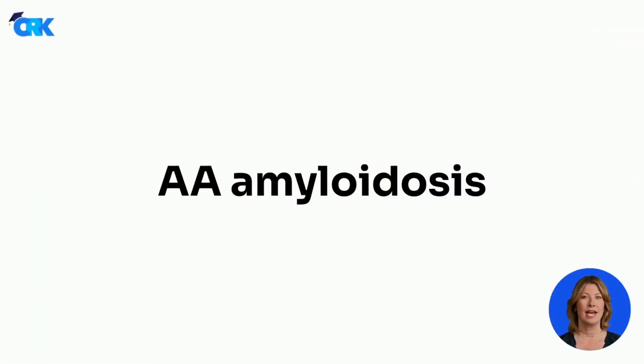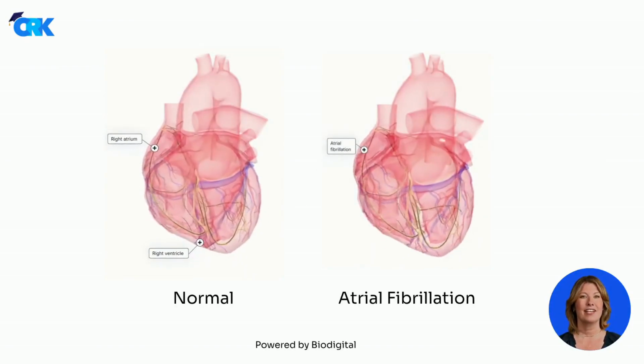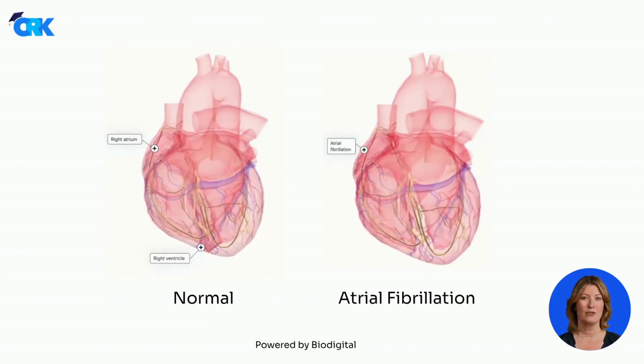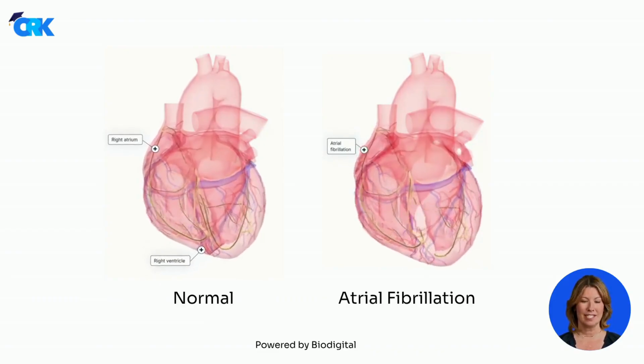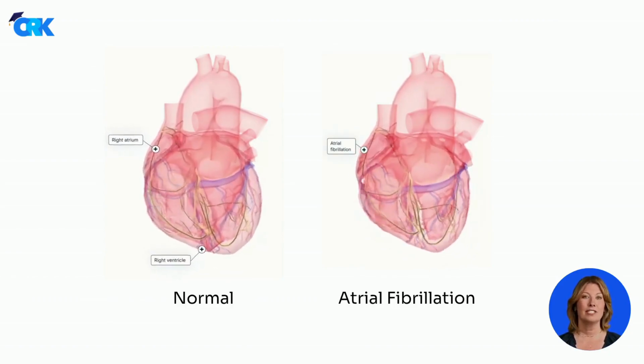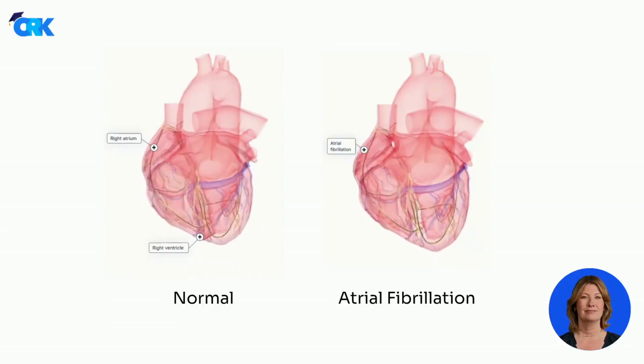Finally, we have AA amyloidosis, caused by serum amyloid A protein fragments and linked to chronic inflammation. It rarely causes cardiac involvement. However, isolated atrial amyloidosis, formed by atrial natriuretic peptide, has been associated with atrial fibrillation and is present in over 90% of nonagenarians.